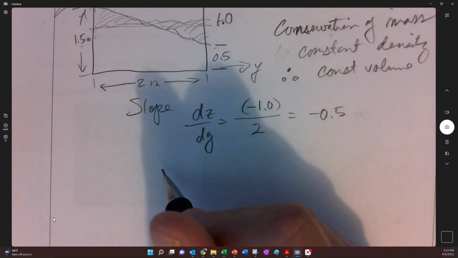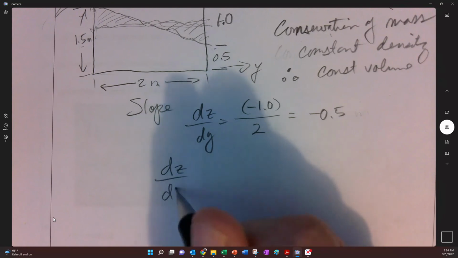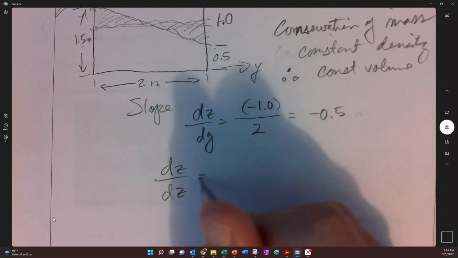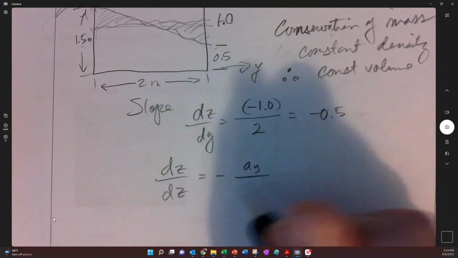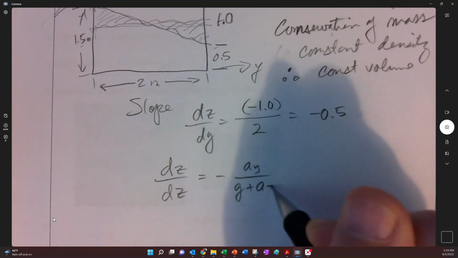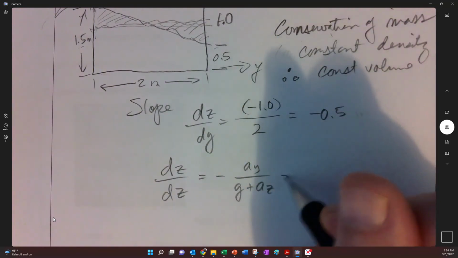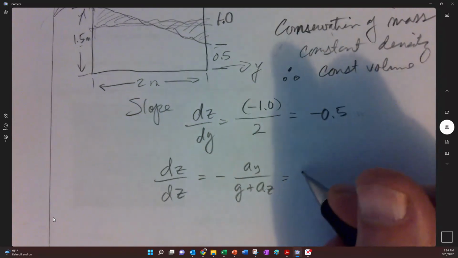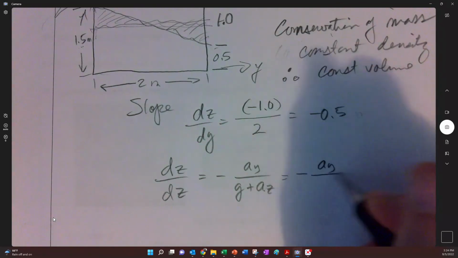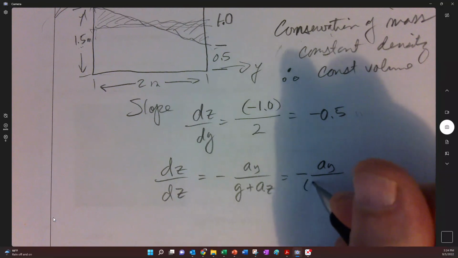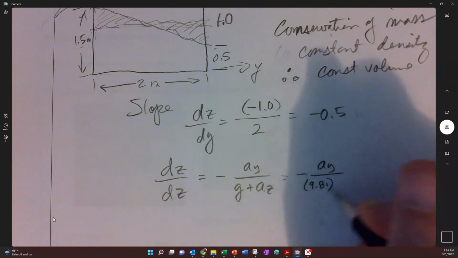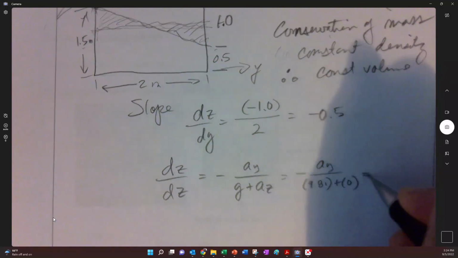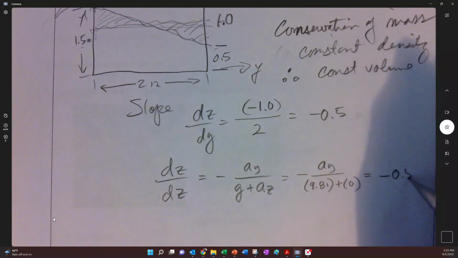Then if we set it equal to our equation that we just established over here, where we had negative ay over g plus az, right? Well, we have no az, so that's going to be just negative ay over, and we're dealing with metric, so 9.81 plus 0 is going to be equal to negative 0.5.